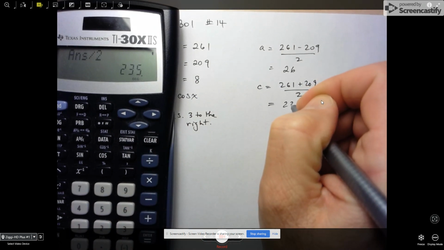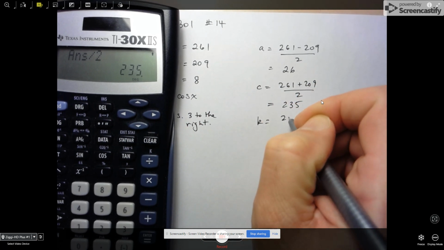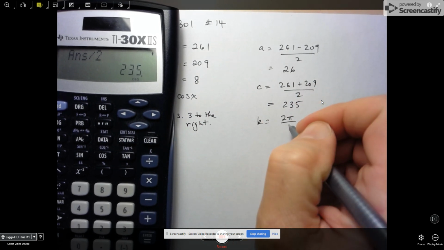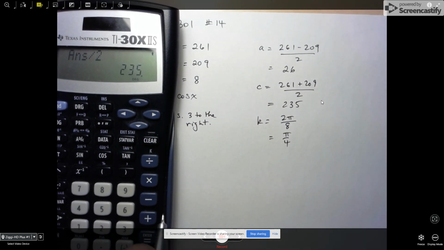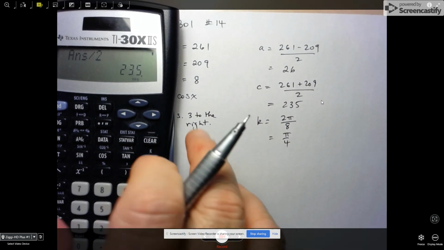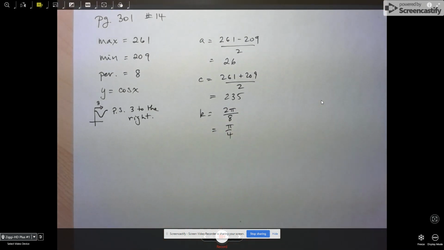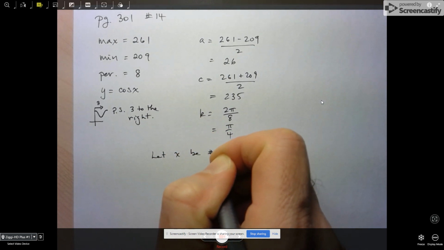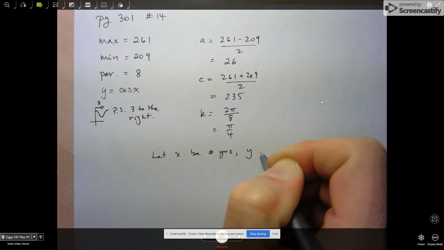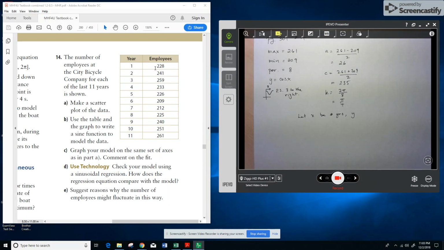Okay, 235. Our K value is just going to be 2 pi over the period, which we said was 8 years. So that's pi over 4. We've already established that our phase shift is going to be 3 to the right, and we've established our parent function. So here, if I let x be the number of years and y, actually, I forgot what we were calculating here. Is this number of employees? Yeah, looks like number of employees.